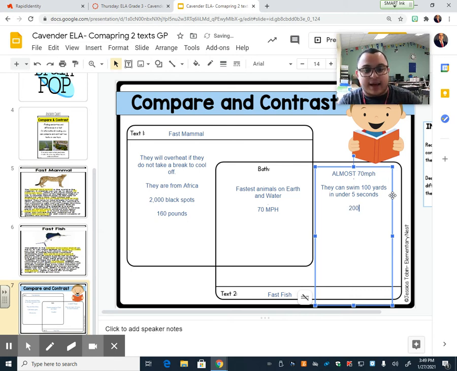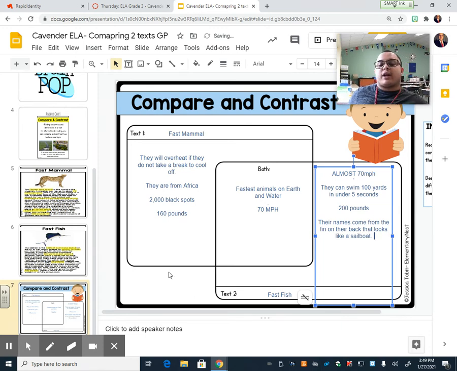And they weigh about 200 pounds. They get their names from the fin on their back that looks like a sailboat.